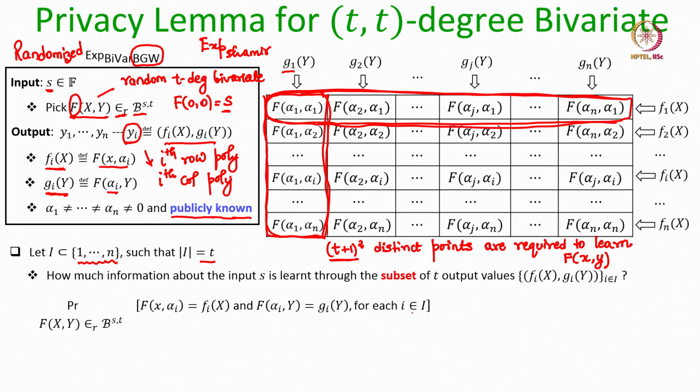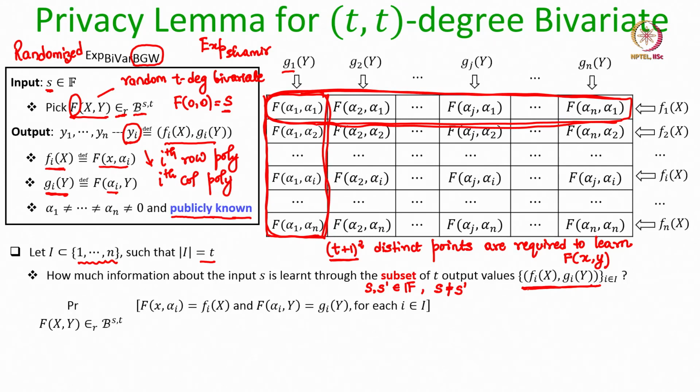So, we will show that for every pair of candidates S and S prime from the field, where S is not equal to S prime, if we run this experiment with input S, then that will result in these t number of x and y univariate polynomials with the same probability with which the same experiment with input S prime would have resulted in the t pairs of output values consisting of the same x and y univariate polynomials.